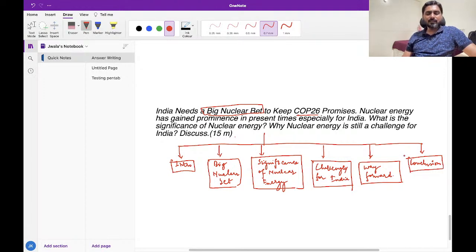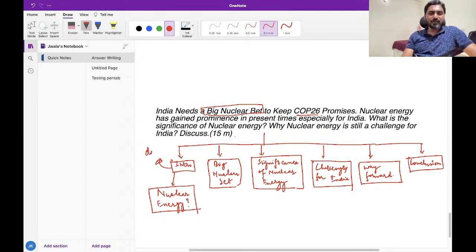So in such type of questions, you can simply begin by a definition of nuclear energy. What do you mean by nuclear energy? You can begin by a simple definition, or you can also point out some data or statistics with respect to nuclear energy.